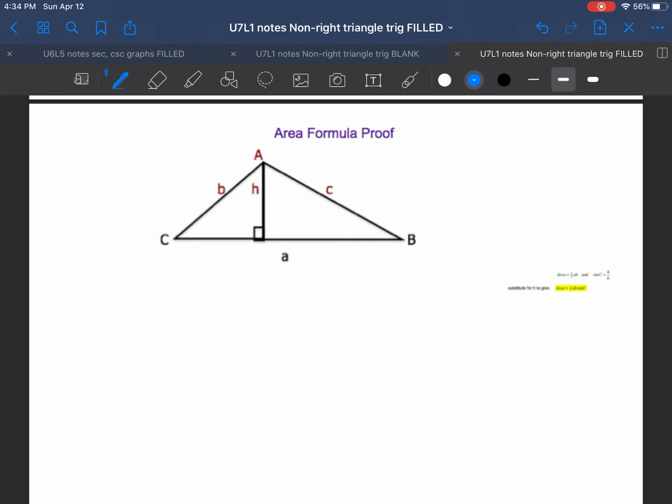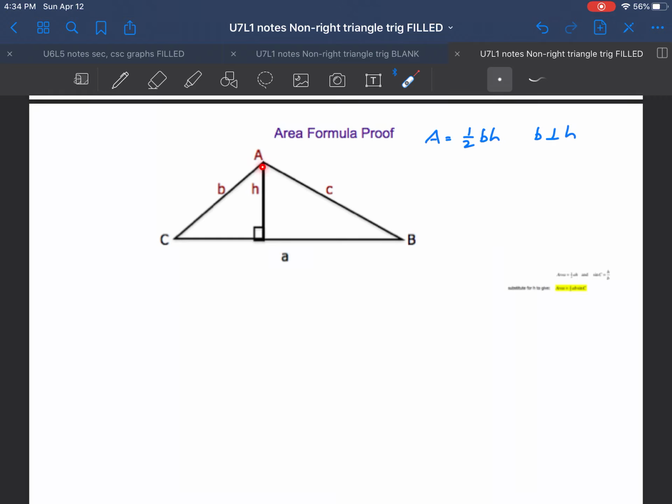We know, hopefully, that the area of any triangle is equal to 1/2 base times height, but that's on the condition that the base and the height are perpendicular. Here we have that.